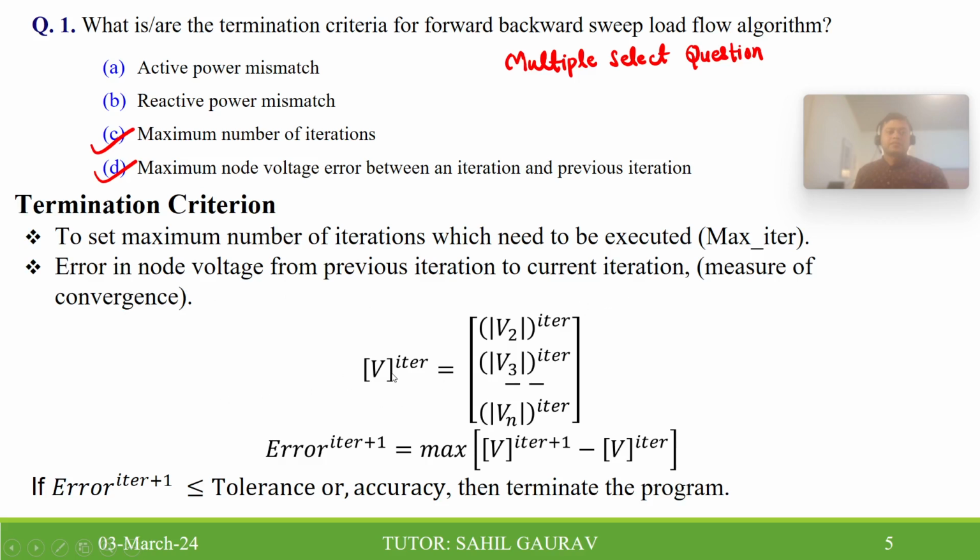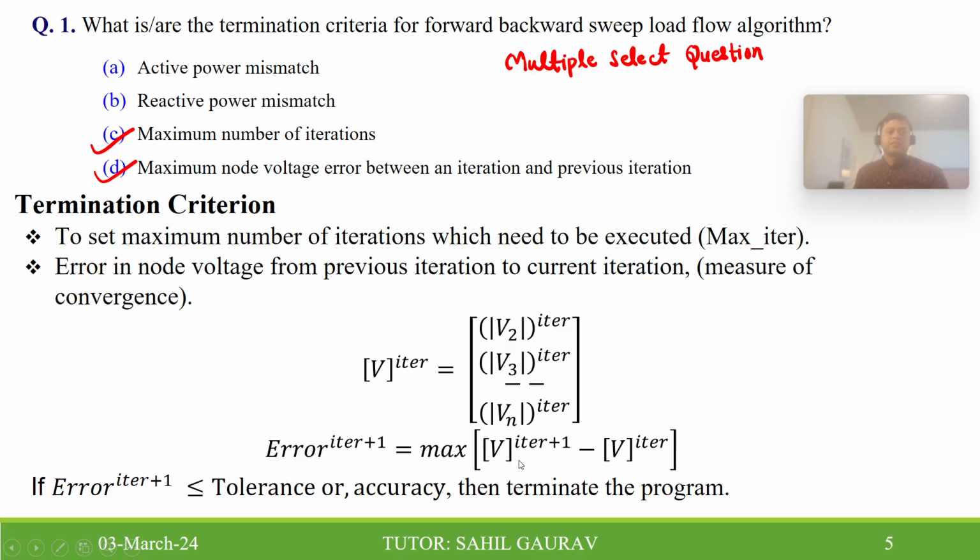For a certain iteration, we got the updated values v2, v3 and vn, and now you have to find the error. How will you find the error?